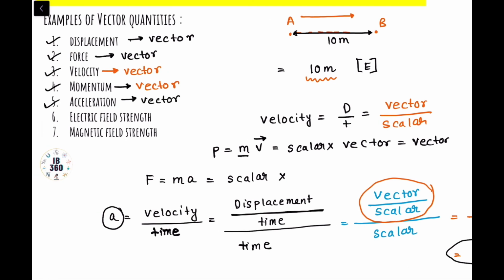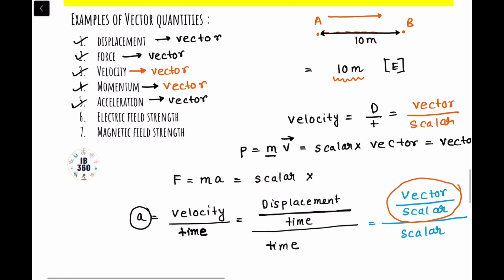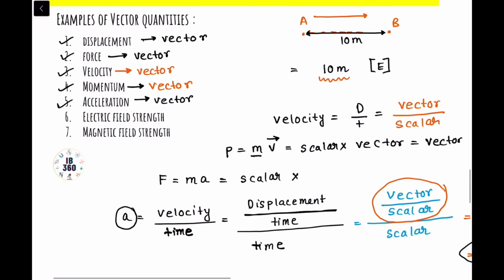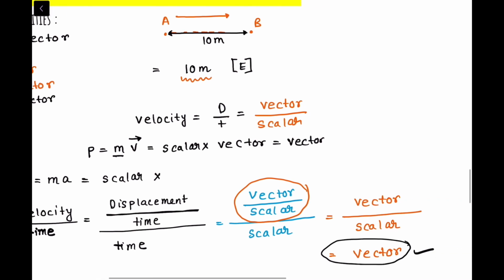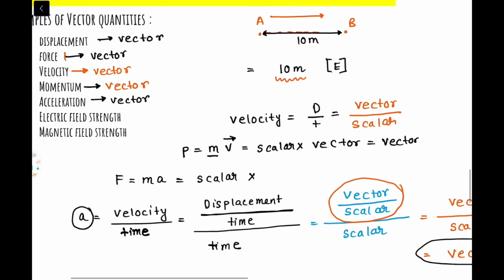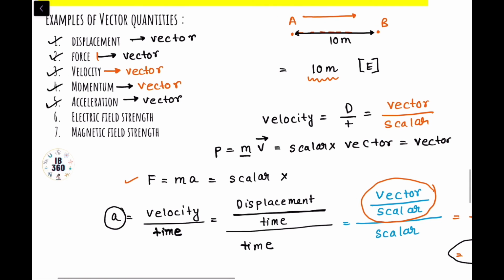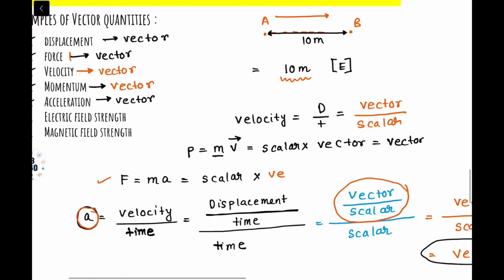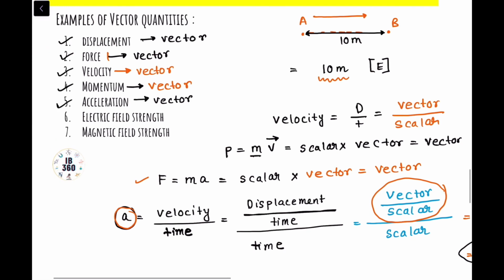Okay, I suppose I made a mistake over here in the determination of the force. For force determination we just calculated acceleration, right? So force is mass into acceleration, which is scalar multiplied by a vector, since we found acceleration to be a vector. So this will give us a vector quantity. So force is also a vector quantity.